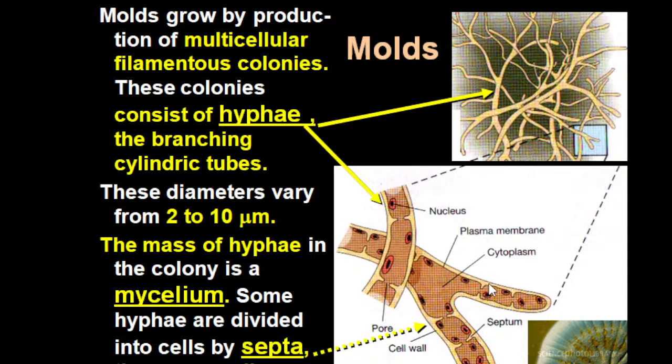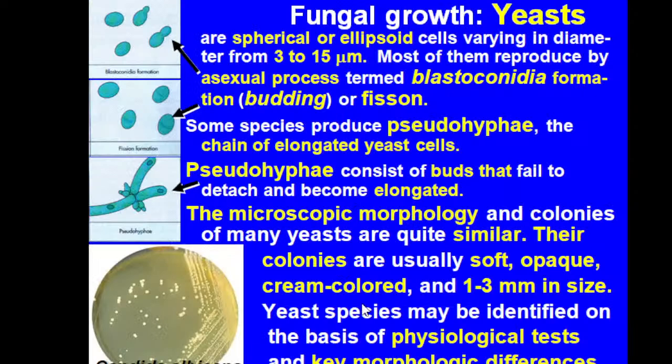The diameter of the hyphae is usually from 2 to 10 micrometers. Sometimes they can be branching. And you can see these branching cylindrical tubes that have a common cell wall. See, the common outside envelope, the common cell wall. I would like you to come back to the previous one.